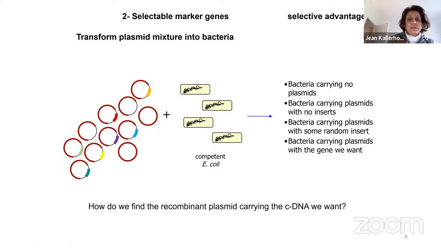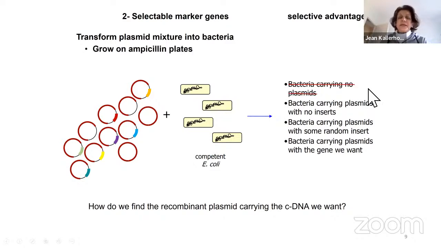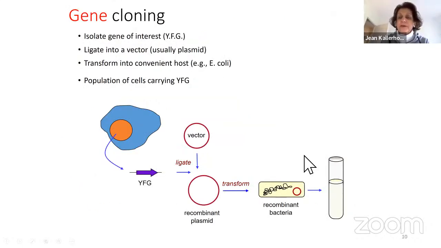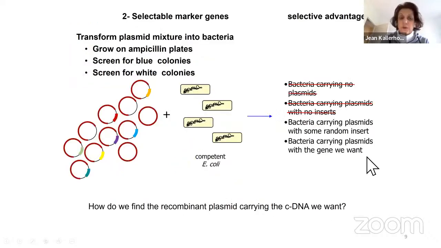And so therefore, when you insert this into bacteria, you will get different classes of populations. Bacteria carrying no plasmids, bacteria carrying plasmids with no inserts, bacteria carrying plasmids with some inserts, and bacteria carrying plasmids with the sequence we want.